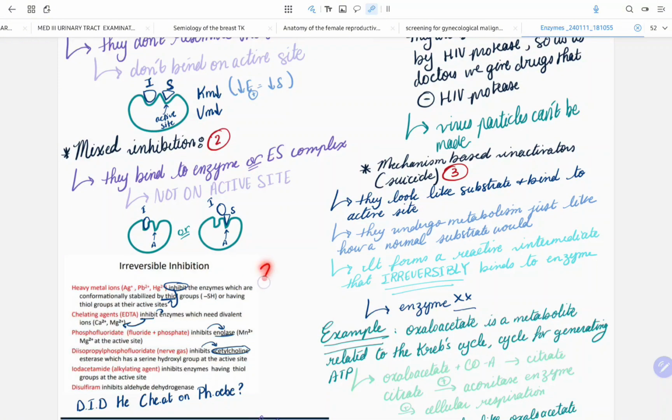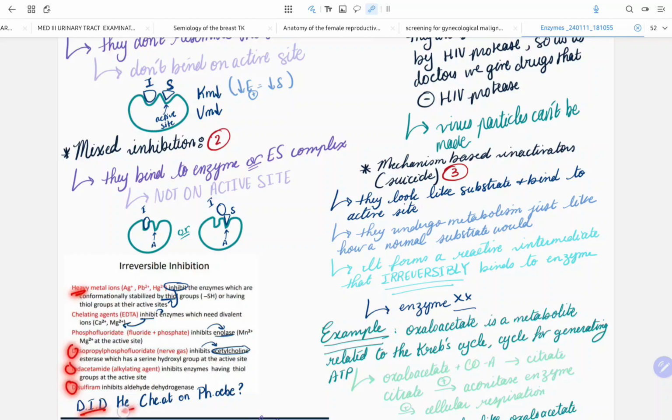So these are examples of irreversible inhibition agents. Personally, I did a mnemonic back then and I studied the mnemonic. So if you like mnemonics, then do memorize it. If you don't, then that's up to you. So DID, did.